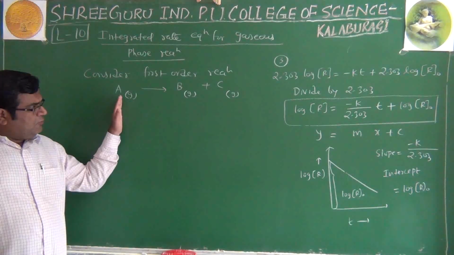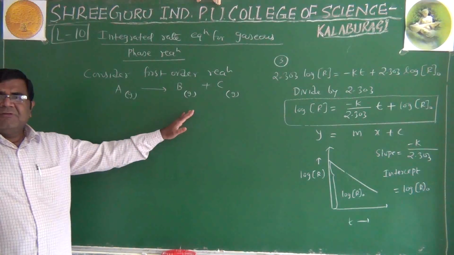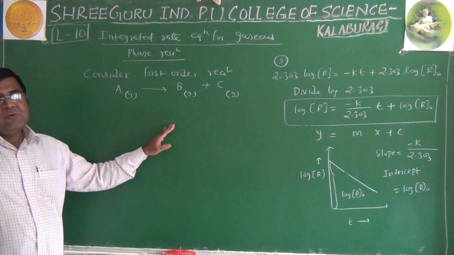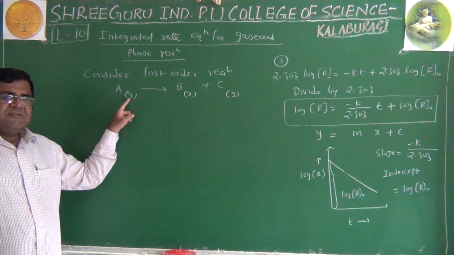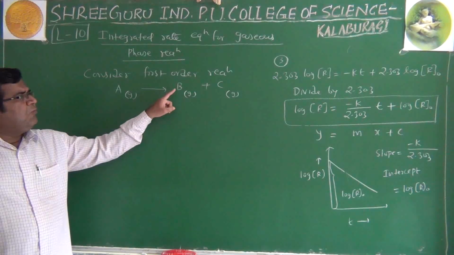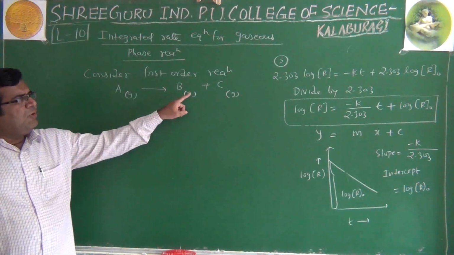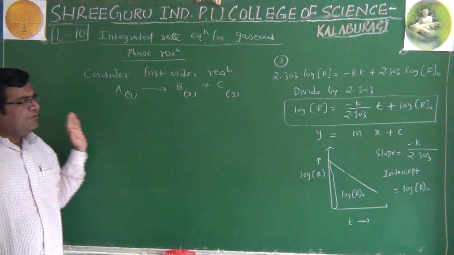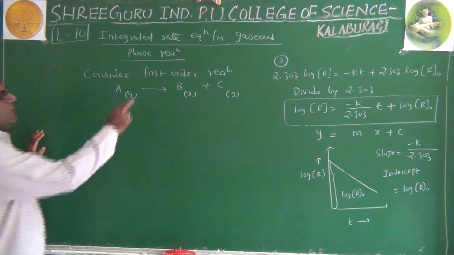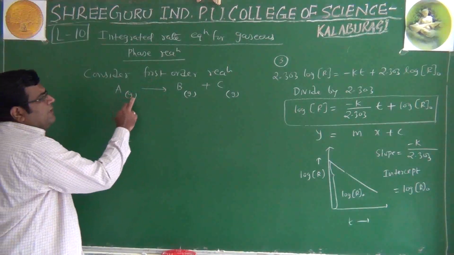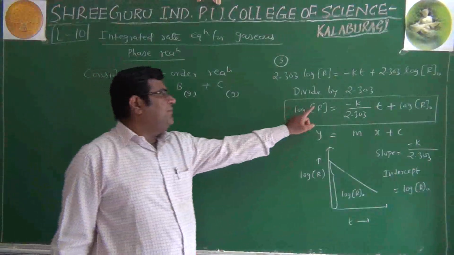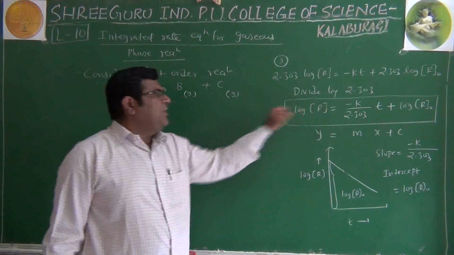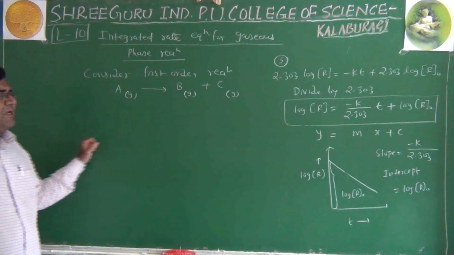But here we have to take this simple equation, because that is only included in our syllabus. 1 mole of A in gaseous phase decomposes to give 1 mole of B in gaseous phase and 1 mole of C in gaseous phase. This equation we are considering. This is a first order reaction, and all of them are in the gaseous phase. So this molar concentration term, this square bracket, is to be replaced by the partial pressure.